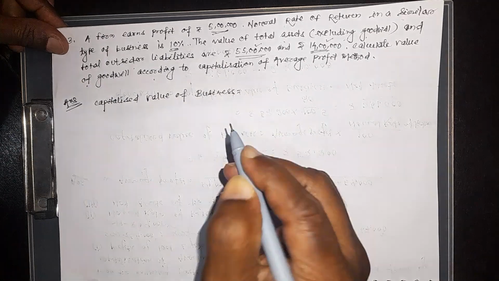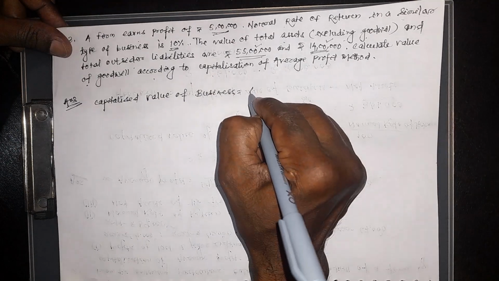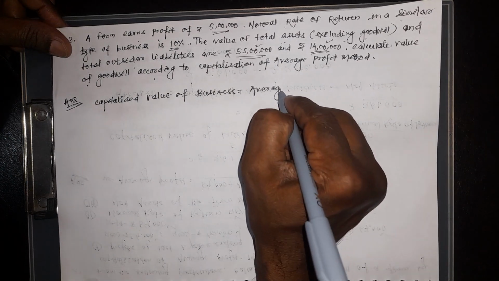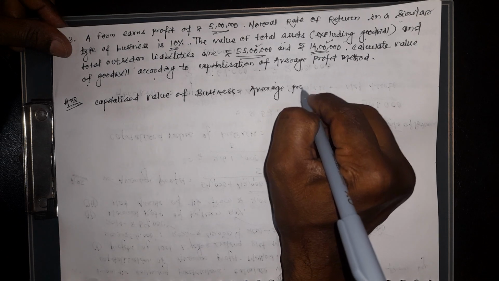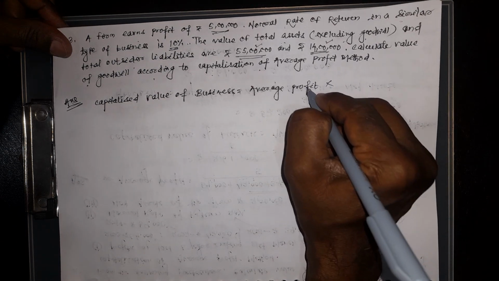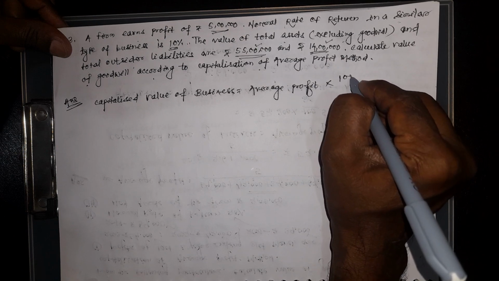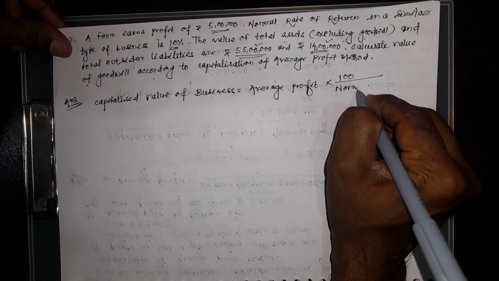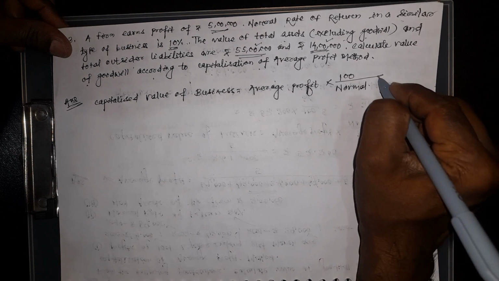Capitalized value of business you will write: average profit into 100 by normal rate of return.